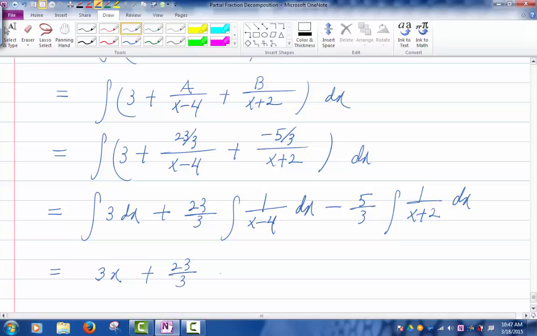What's the integral of 1 over x minus 4? Very good. So this is that. This is this. Everybody okay? Alright, so I at least show you once how to find a and b, but this is a very simple case. I'm going to show you probably another one at some other time.